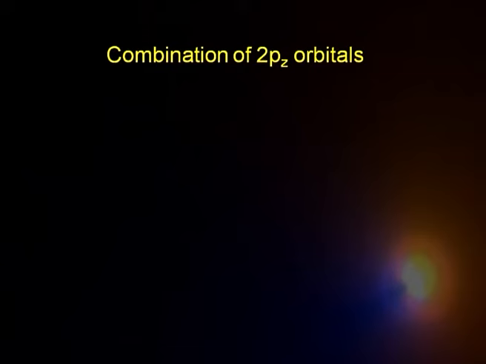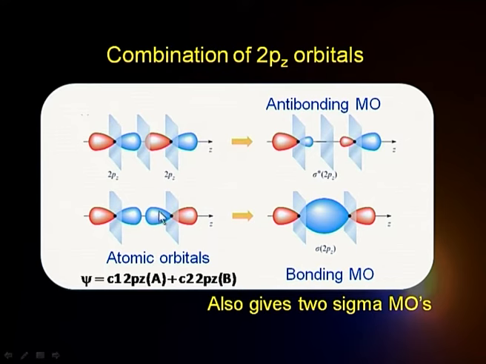When I combine 2pz orbitals of the 2 atoms A and B, this is my 2pz orbital of atom 1, this one first, and this is the second one. What I am trying to show here is that the 2 are combining constructively. That means the wave function will be simply C1 2pz of A plus C2 2pz of B, where C1 and C2 are to be determined.